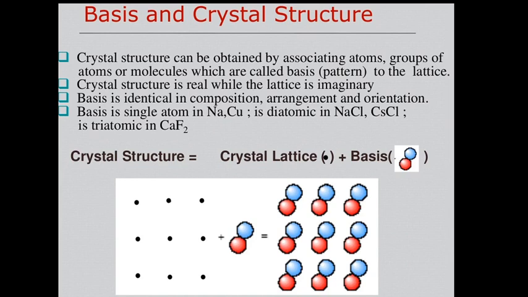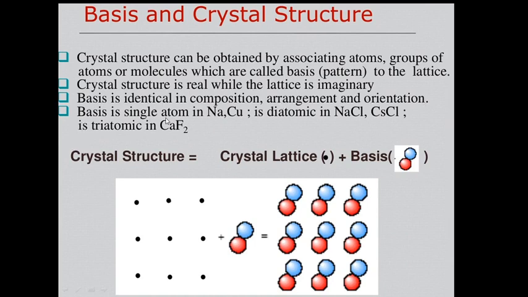So either a motif plus crystal lattice gives us the crystal structure, or a basis plus crystal lattice gives us the crystal structure. So basis is basically an identical composition of arrangement and orientation.